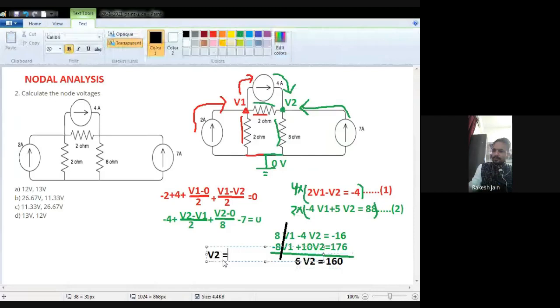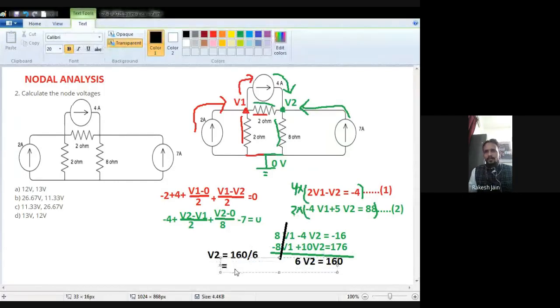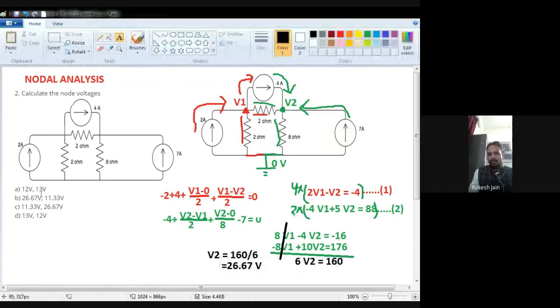Okay, so now we have to solve this one. So plus 8 V1 and minus 8 V1 will cancel out from each other. I am showing you the calculation with black color. Then 10 minus 4 is 6 V2, and that is equal to 176 minus 16, so that will be 160.